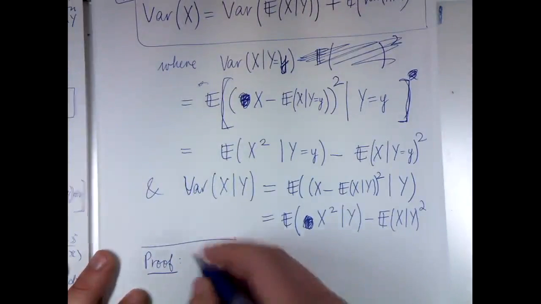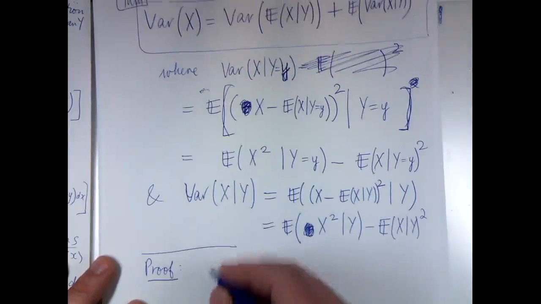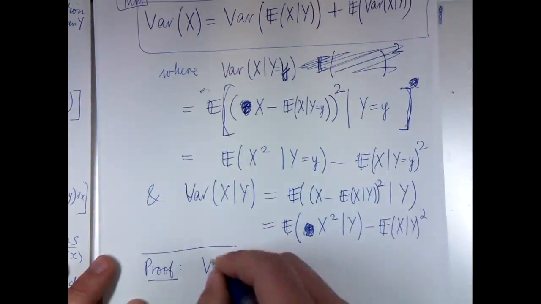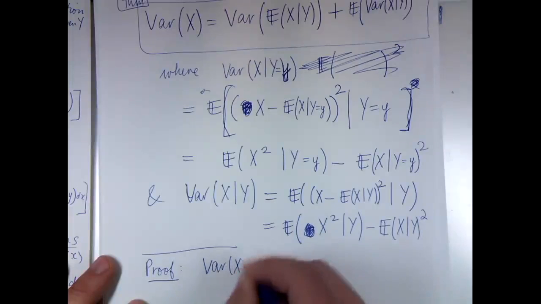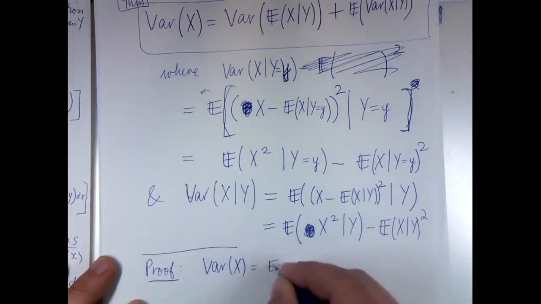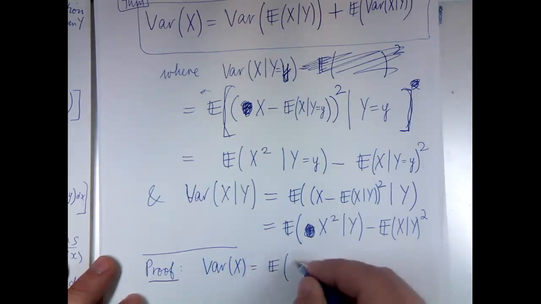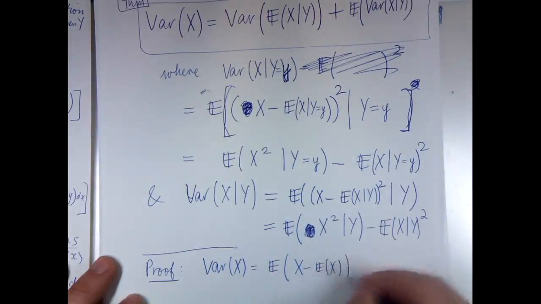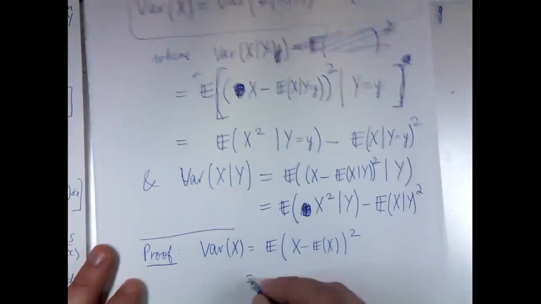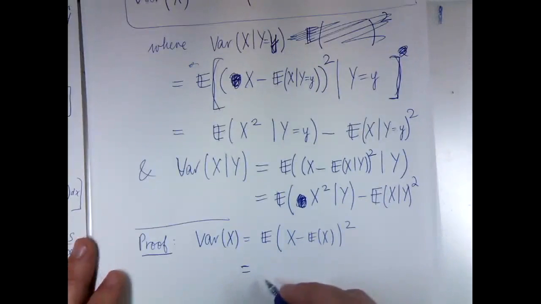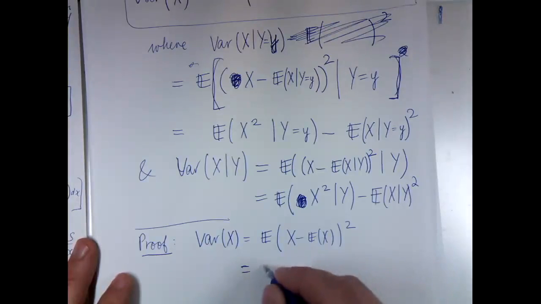So the proof of the variance of X: let's just write variance of X is, of course, the expected value of X minus the expected value of X, squared. Let's try and break this up into two different parts.